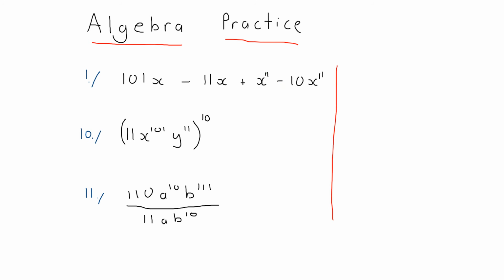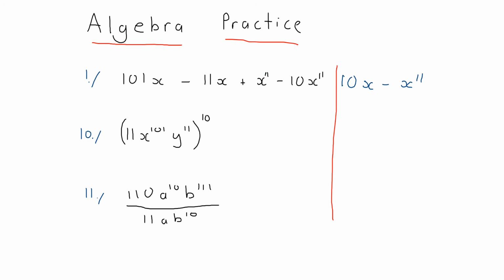Okay, so 5x minus 3x is of course going to be 2x, and then 3x cubed minus 2x cubed is just going to be x cubed.